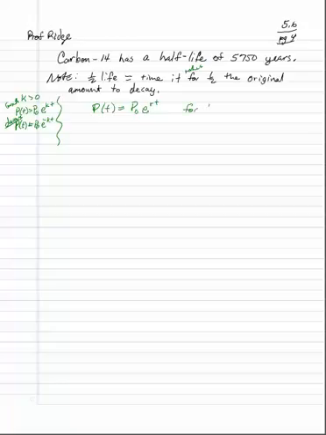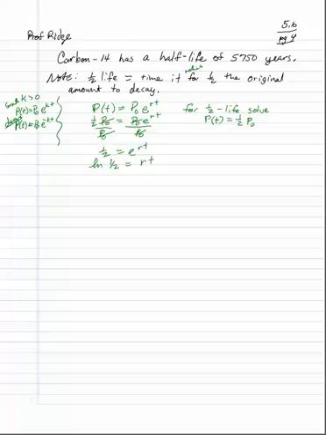So for half-life, solve P of t equals half of P sub 0. So we're going to get half P sub 0 equals P sub 0 e to the rt. Again, we're going to divide by the initial amount, so those cancel. Take the ln on both sides. Then you can have two formulas, depending on which way we're doing it.